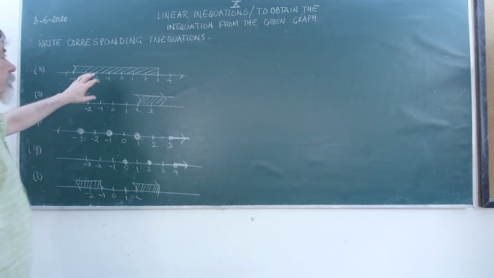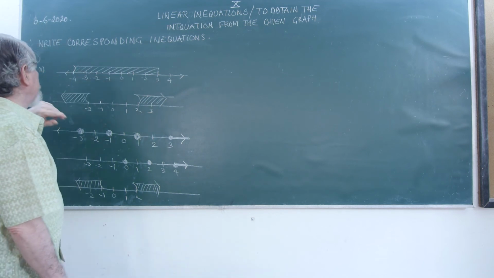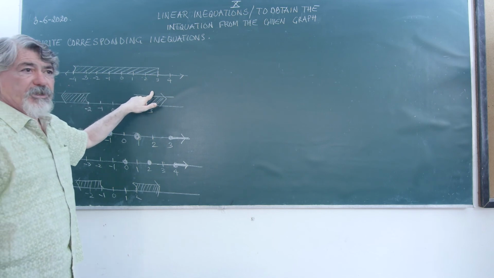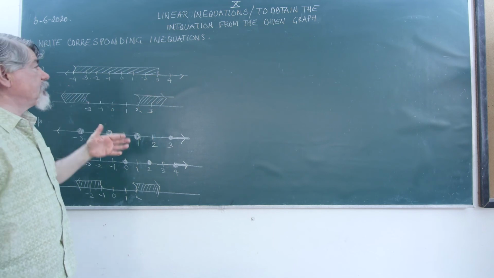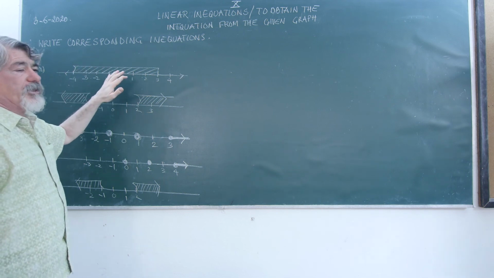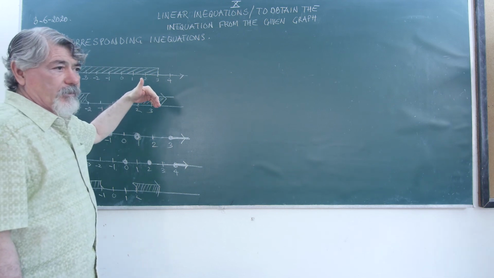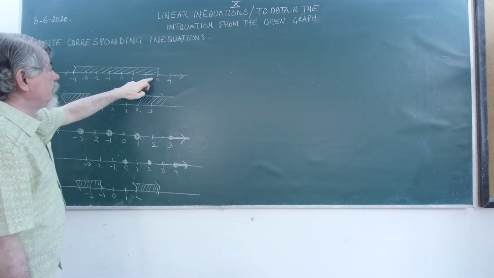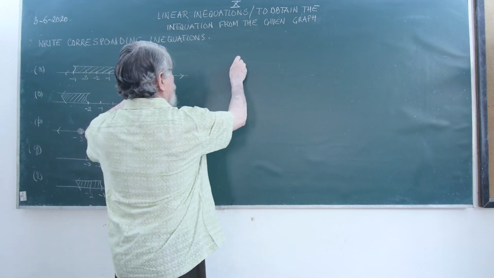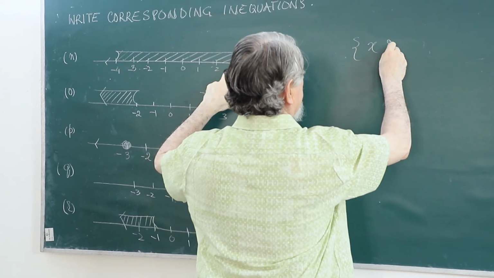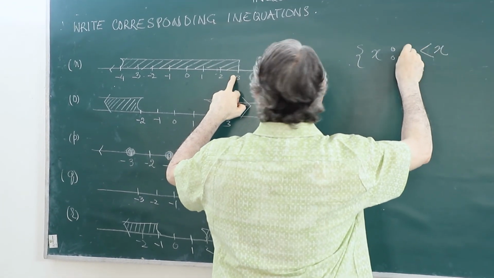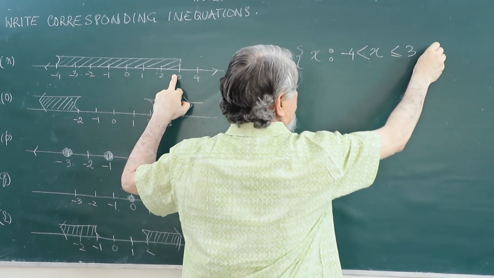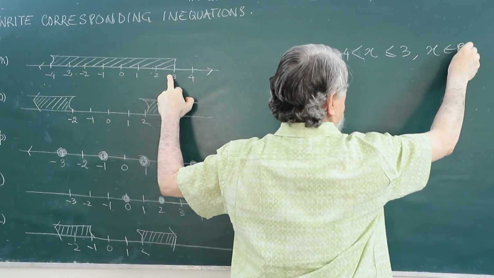In the next part, we have the graphical representation of the inequation, and I have to represent this inequation in set-builder notation. Now you can see it is greater than minus 4 and less than or equal to 3. So x such that x is greater than minus 4, less than or equal to 3, and x belongs to the set of real numbers.